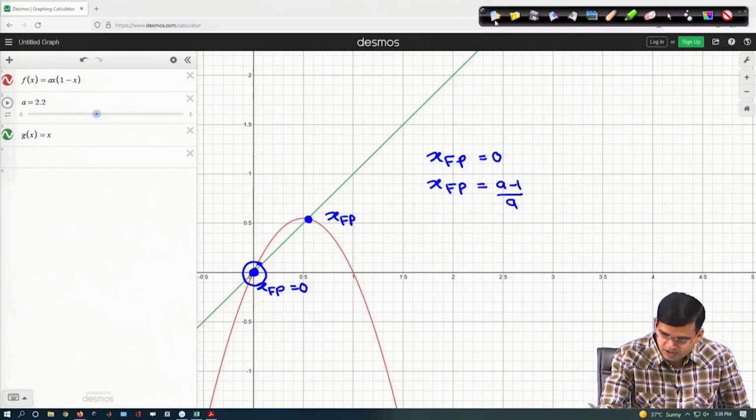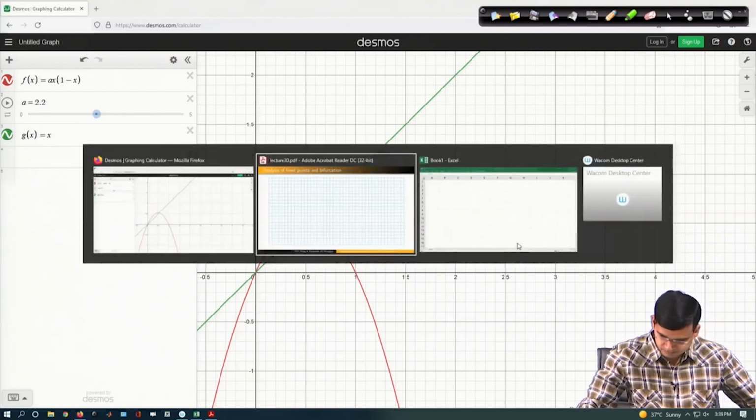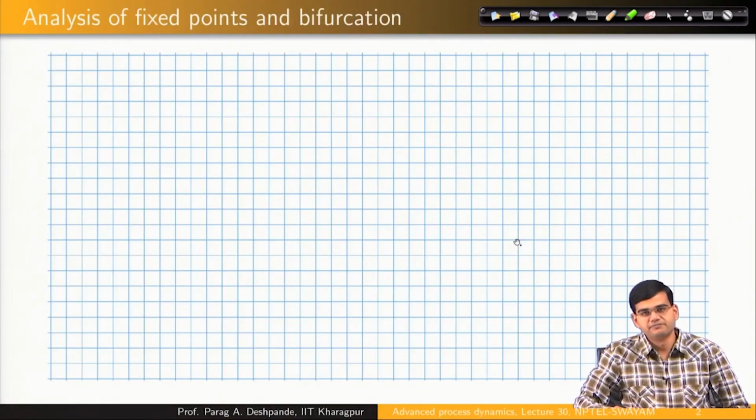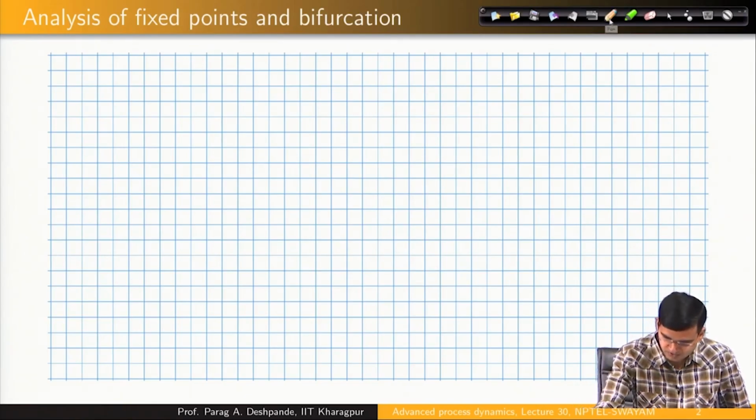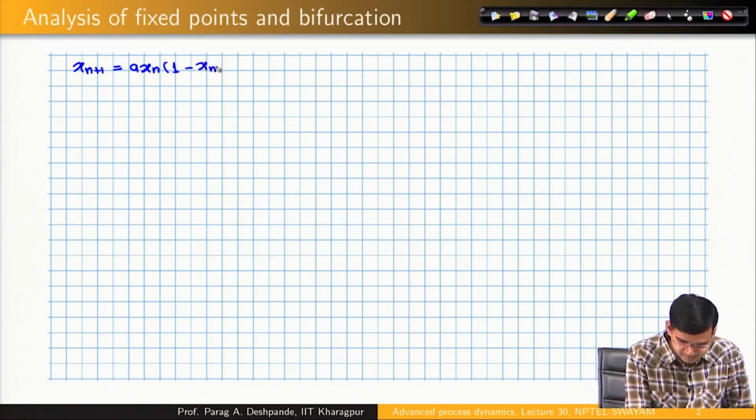Fine. Now, the question is, if I have two fixed points, what are the natures of the fixed points? I have the equation x n plus 1 is equal to a x n times (1 minus x n), so f of x is equal to a x (1 minus x).